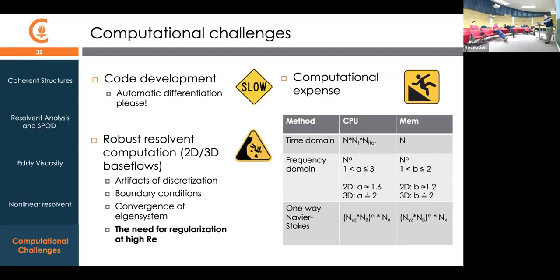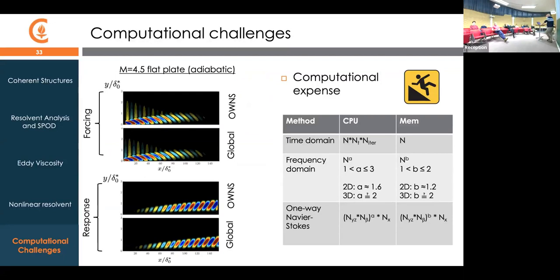And with this one-way Navier-Stokes, you can reduce these exponents because you can march the problem in a streamwise direction instead of computing one big global solution. So just to show you that you can at least get the same results with that, we can do optimization in the same way. So you can essentially do the SVD via adjoints. Here I'm showing a high-speed boundary layer.